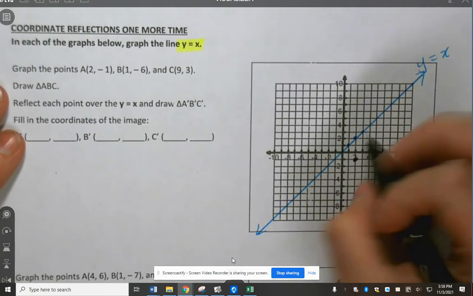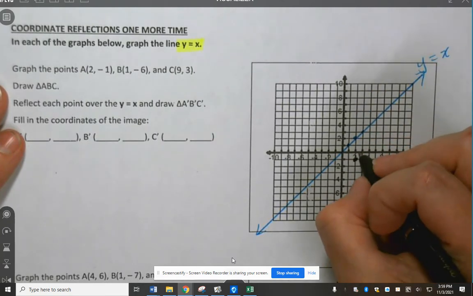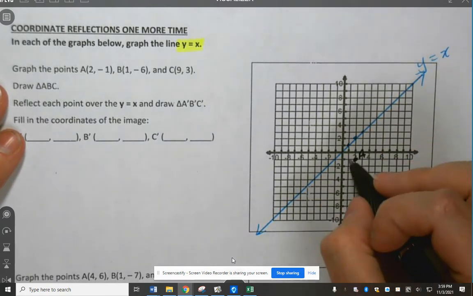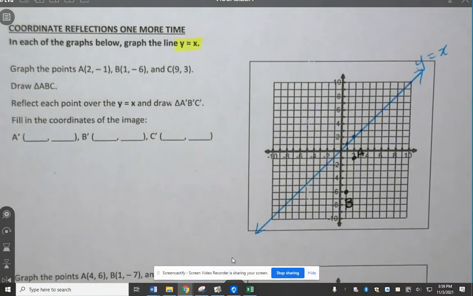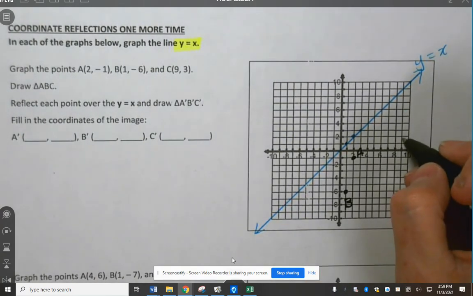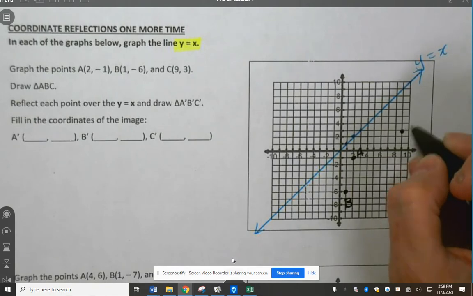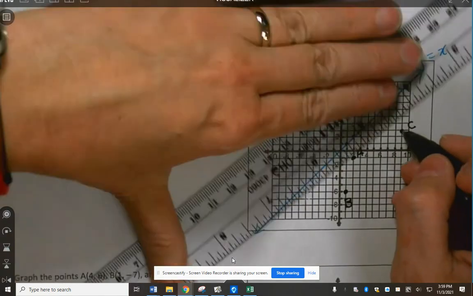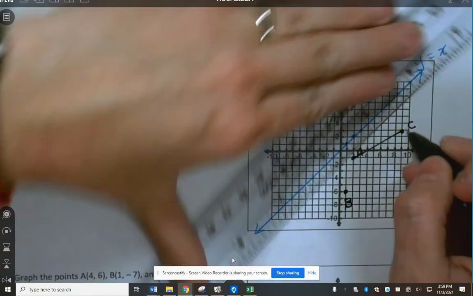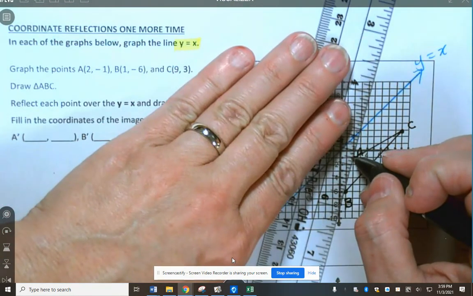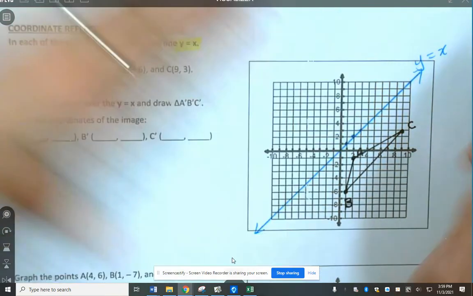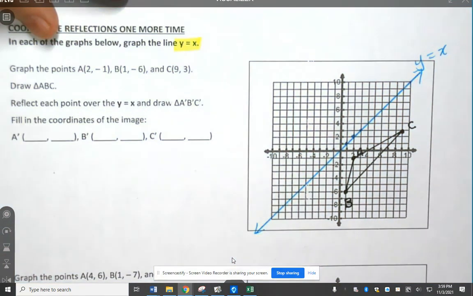So now we're going to graph points A, B, and C. So 2, -1 is A. B is at 1, -6. And C is at 9, 3. Now they want us to reflect this one.